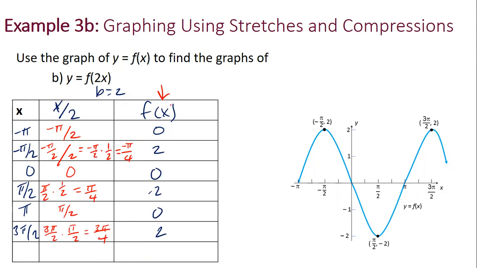So the new homes for everybody. Negative pi over 2 would be at 0. Negative pi over 4, which is right here, would be at 2. You have 0, 0, still there. Pi over 4 is at negative 2. Pi over 2 is at 0. And then 3 pi over 4, this guy, is at 2.